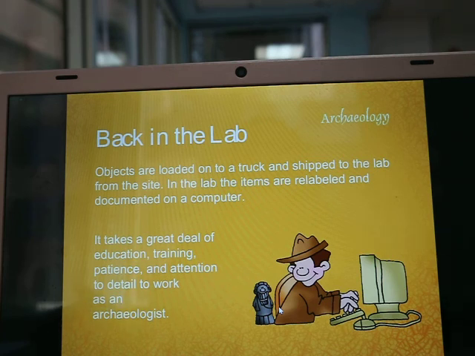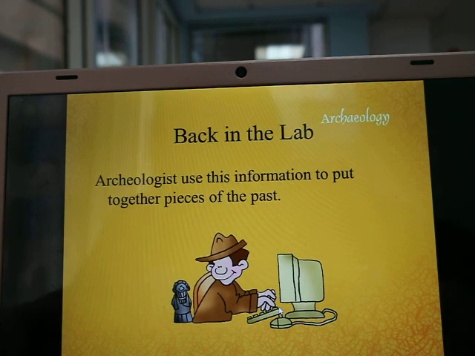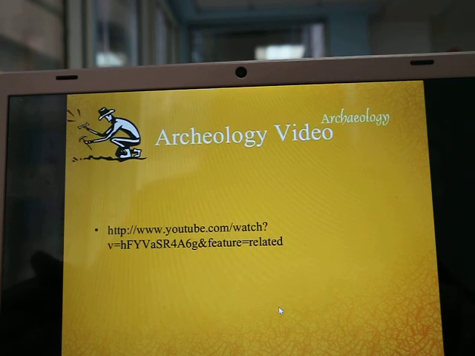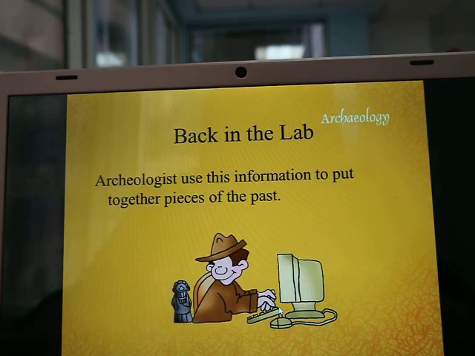The work starts there. After they dig, they start researching about the artifacts. So when they're back in the lab, archaeologists use this information to put together pieces of the past. So that is all.